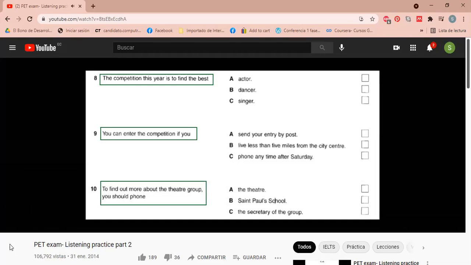You have to perform alone, and we'll provide a musician. And what are the rules? Not many. For example, there's no limit on age. Whether you're 65 or 6, it doesn't matter. But you must live within 5 miles of the city centre. You need to phone your entry before Saturday. We don't accept entries through the post or by fax.